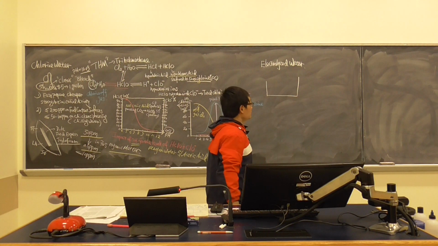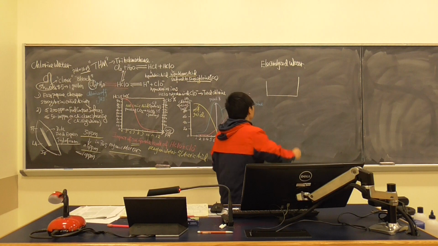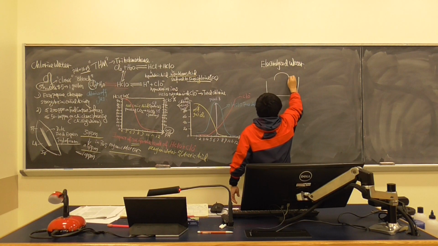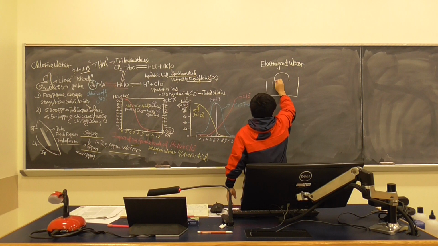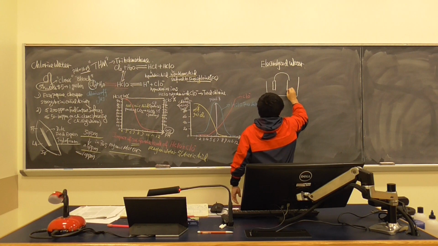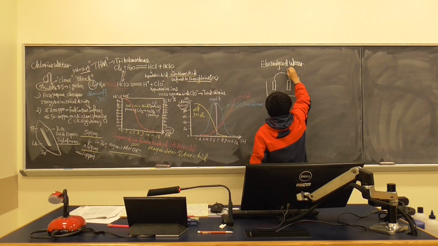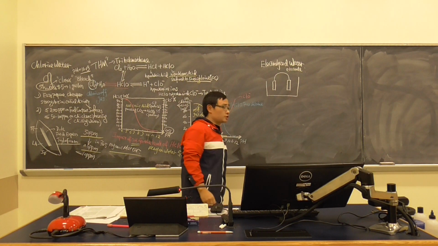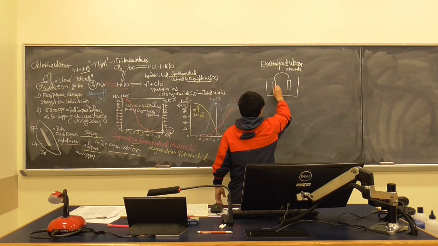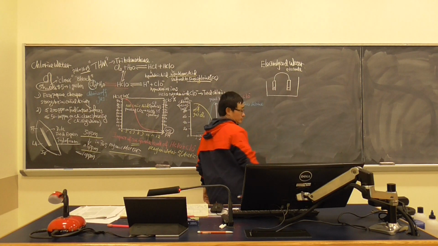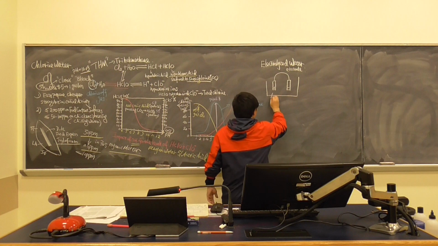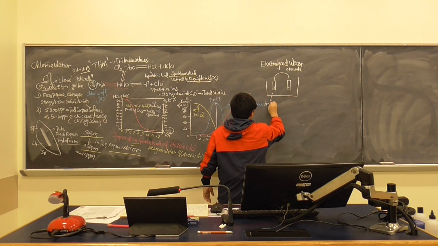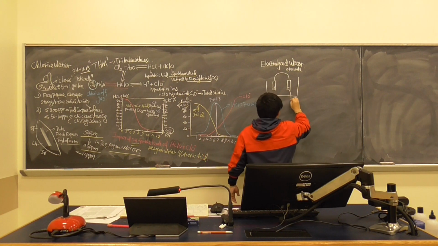In this tank, at the beginning, I add electrodes. An electrode has two charges: positively charged, which we call the anode, and negatively charged, which we call the cathode.